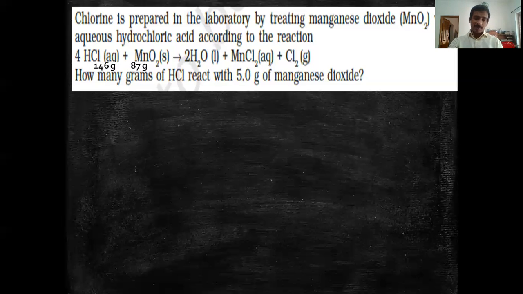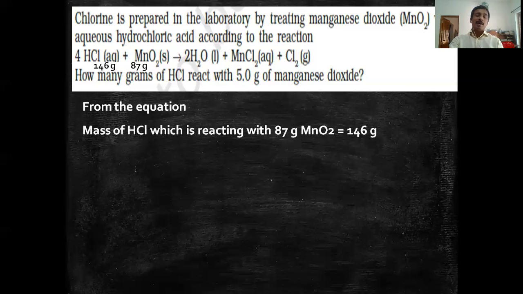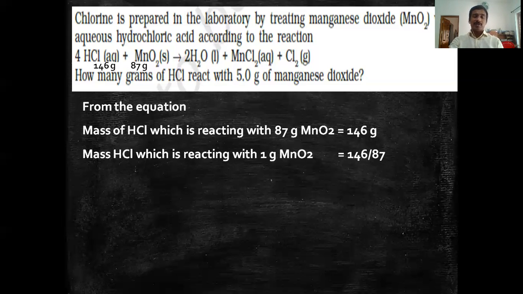Based on this data, we can solve the problem from the equation. What will you get? Mass of HCl which is reacting with 87 grams of manganese dioxide, 146 gram. So what is the mass of HCl which is reacting with 1 gram of manganese dioxide? All of you know this calculation, 146 divided by 87. Then you will get the mass of HCl for 1 gram MnO2, isn't it?